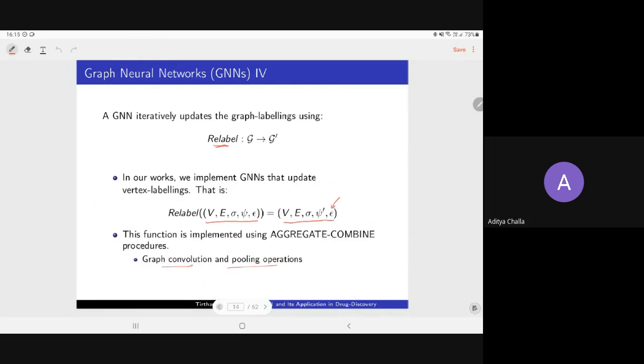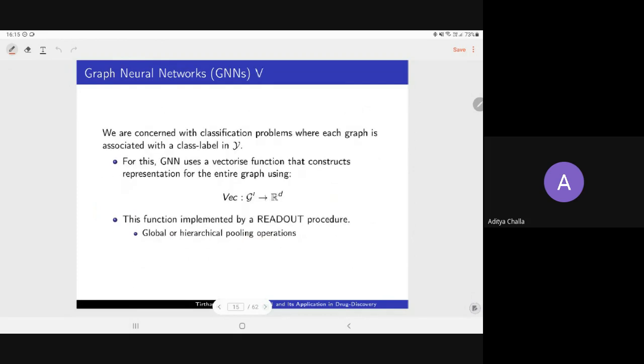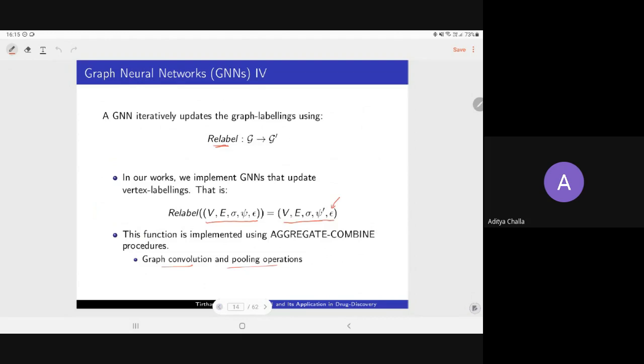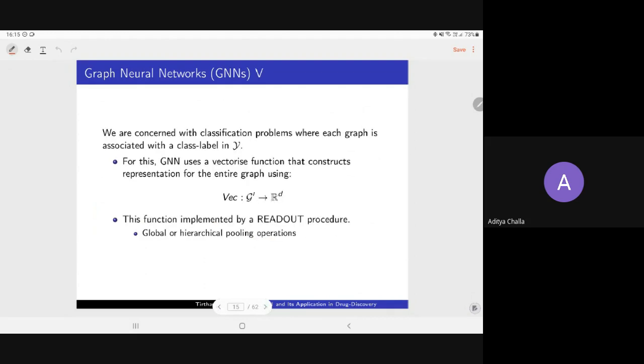Since we're concerned with graph classification, that is classifying each graph data instance as some class, we need to convert the whole graph that we obtained after all this relabeling into a real vector or some kind of Boolean vector, whatever, some vector such that we can straight away deal with it.